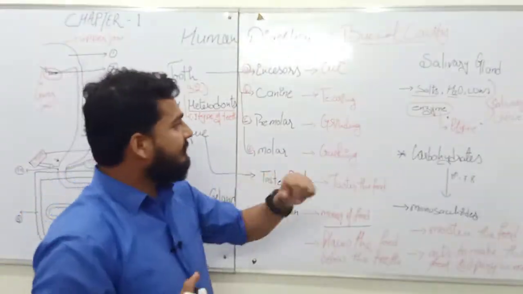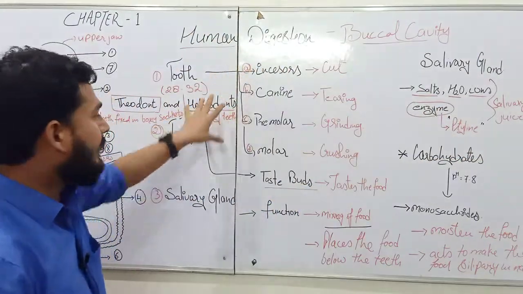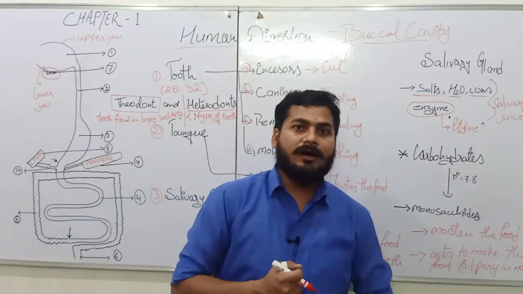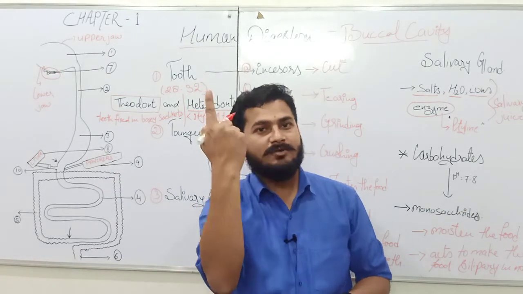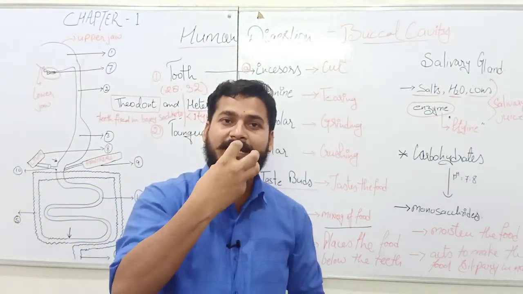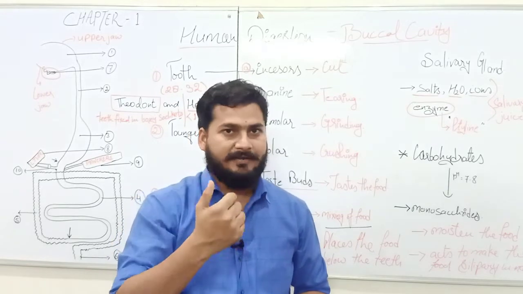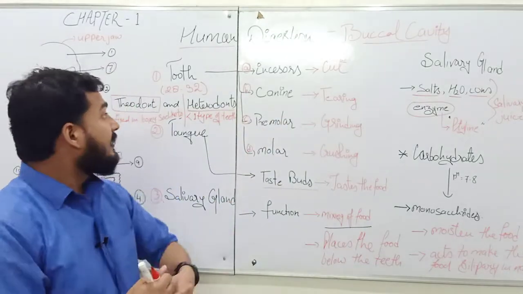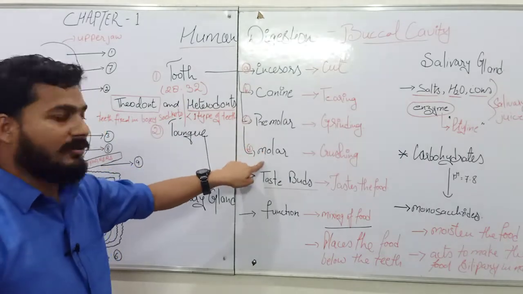Okay, so now we have got the functions of all these three components, and now at the last what we are going to do is combine the functions of all and see them as one unit. Assume that the food has been taken in. Suppose you are eating your daily diet. The food first gets in touch with the incisors, canines, premolars, molars.